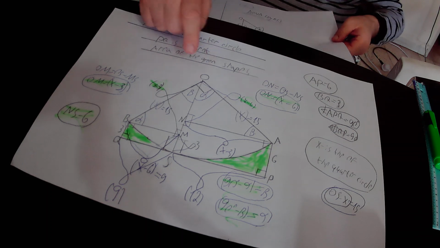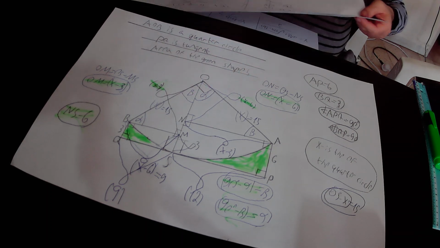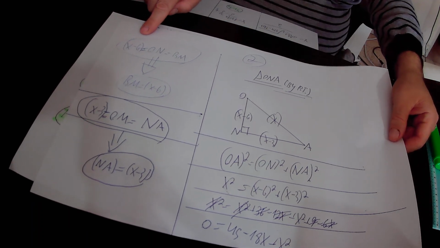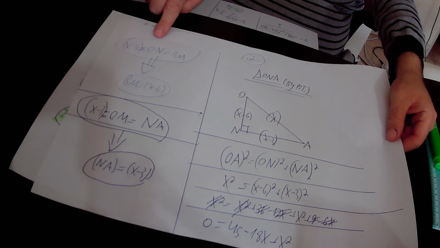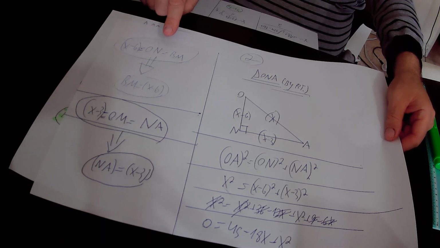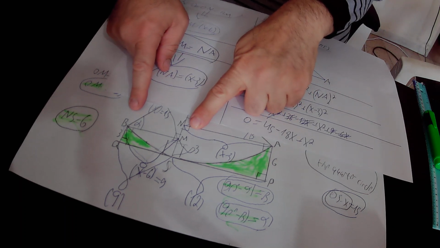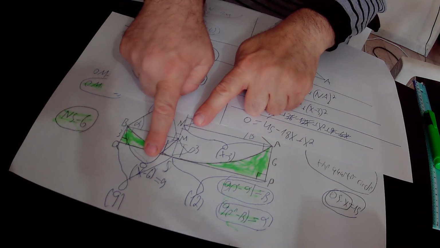But we have already found out that ON equals x minus 6. So from the equation x minus 6 equals ON equals BM, we derive that BM is also equal to x minus 6. Here side BM equals x minus 6 units in length.